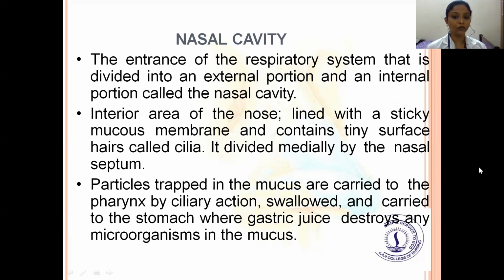Particles trapped in the mucus are carried to the pharynx by ciliary action. They are swallowed and carried to the stomach, where gastric juices destroy any microorganisms in the mucus. So ciliary action helps in this destruction of microorganisms in the mucus.